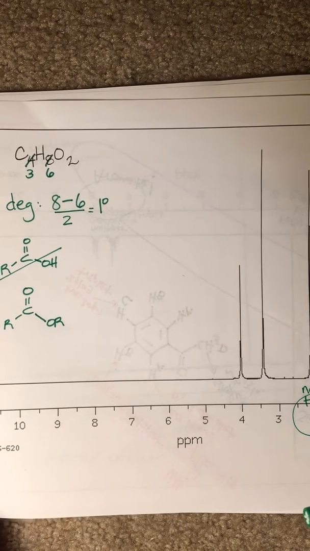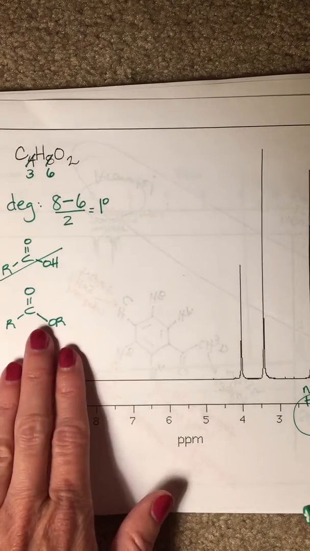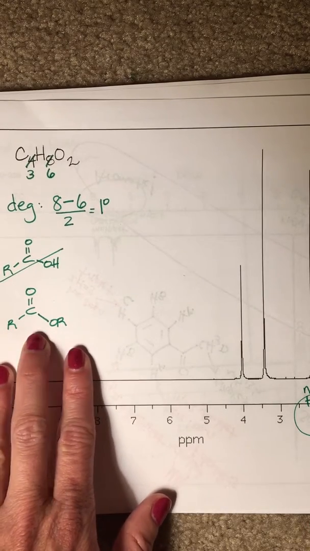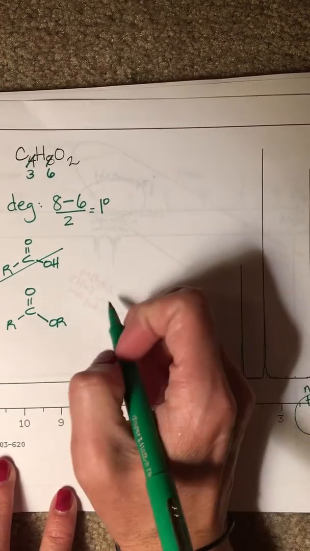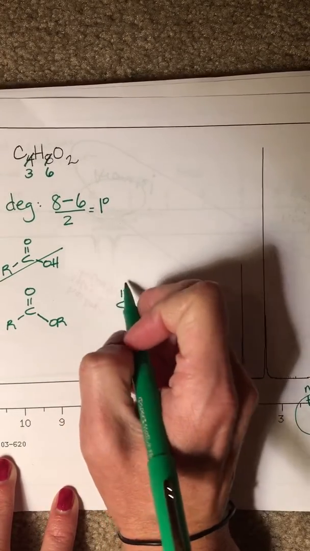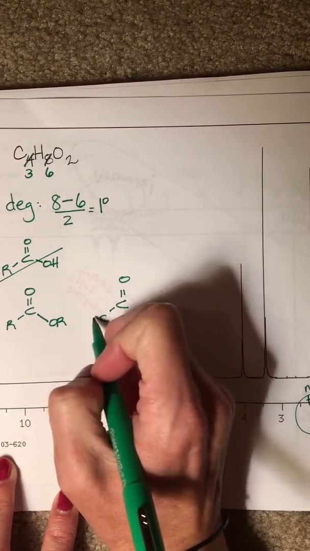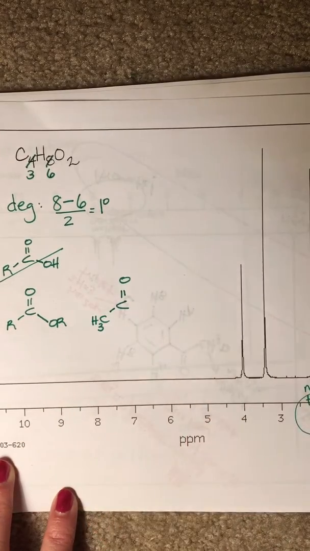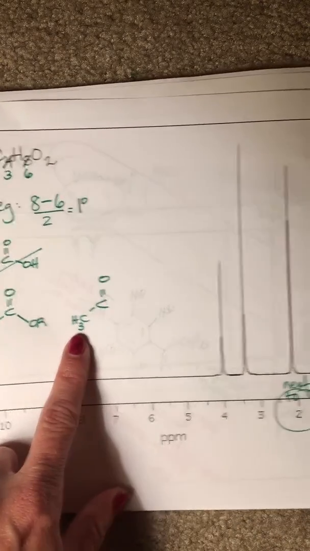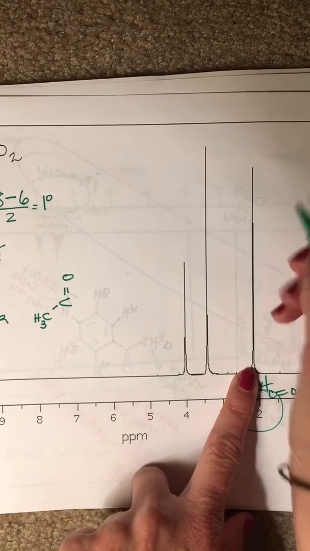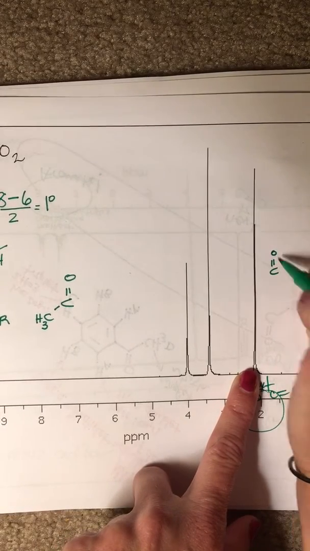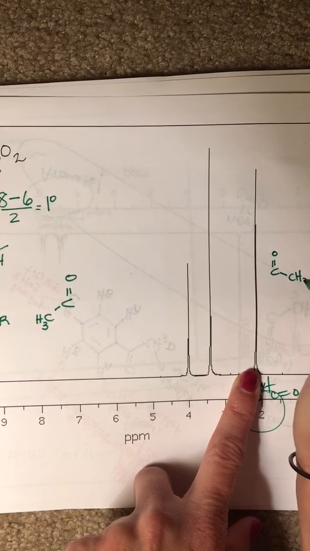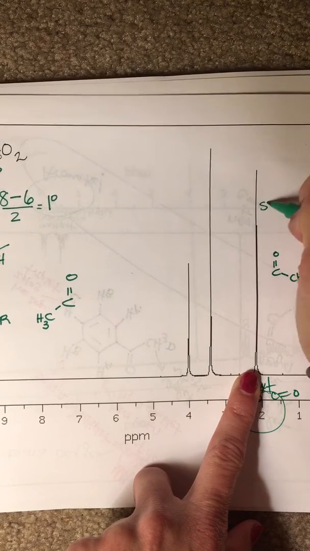Okay, so let's give it a shot. Let's try an ester. We only have 3 carbons. So if we put our CH3 there, which is consistent with this one, our singlet having 0 neighbors, that's a good fit.